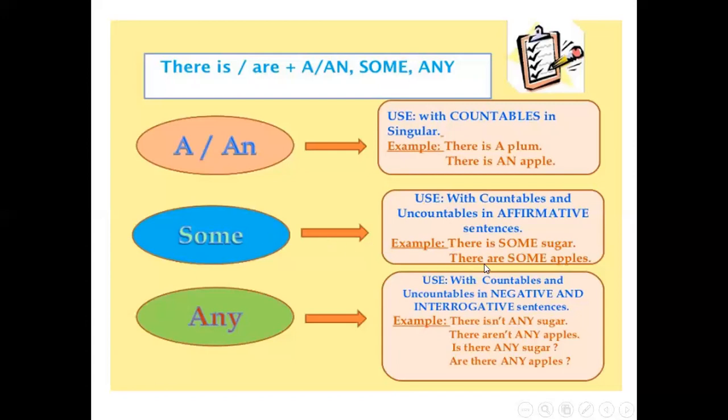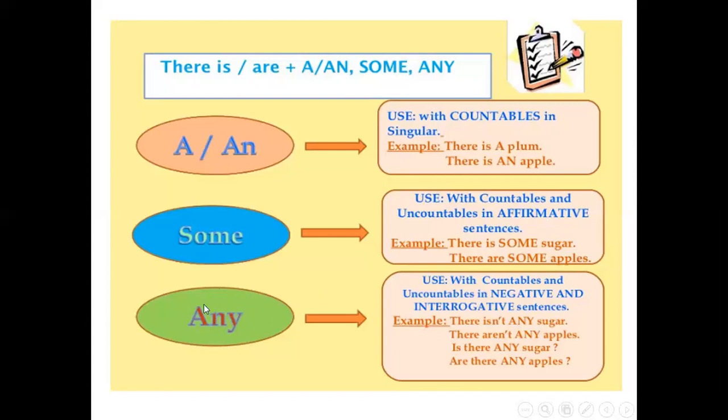And there are some apples. So I use some before the countable noun, but the countable noun should be in plural form. So I use some with affirmative sentences. Excellent.